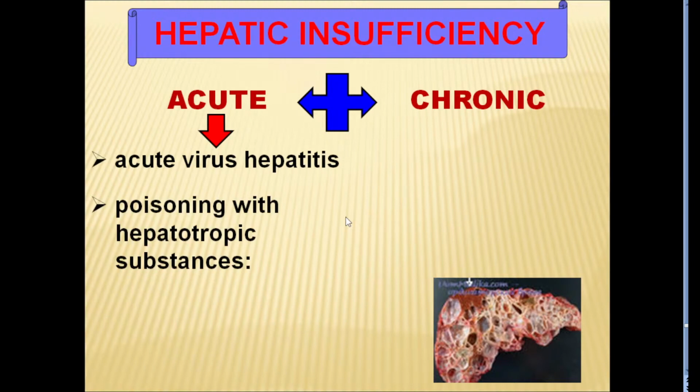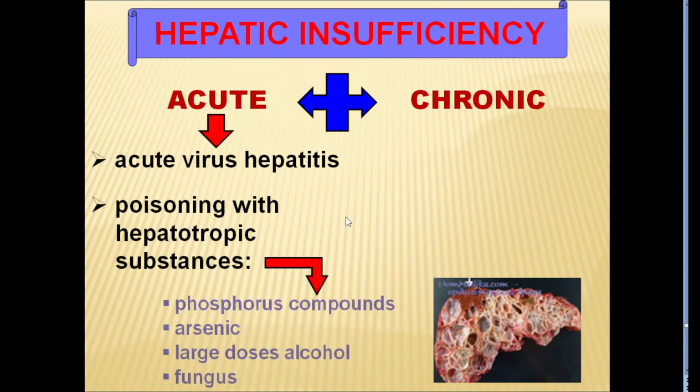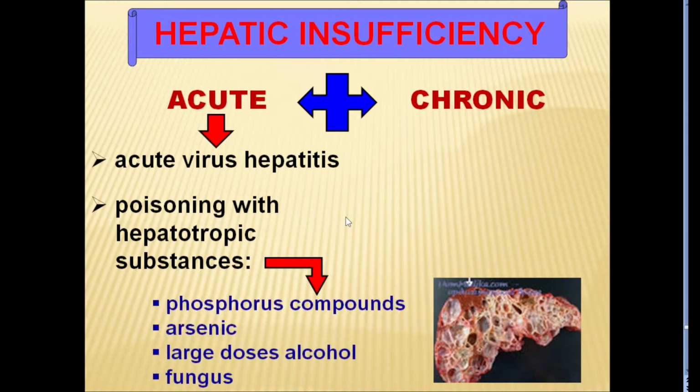We must remember about poisoning with hepatotropic substances. And first of all, there are phosphorus compounds, arsenic, large dosage of alcohol, or fungus, which also provoke active cytolysis, which is not correlated with regenerative ability of the liver. You understand that any acute process develops faster and often finishes with death of the patient.